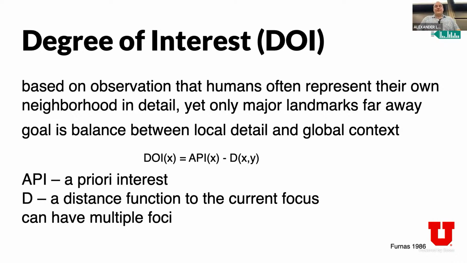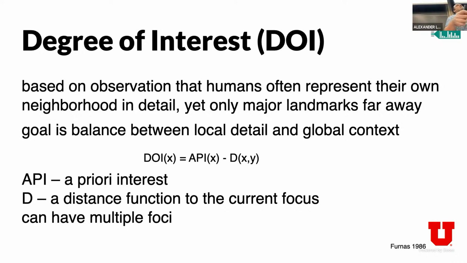So the idea for visualization is that we have this degree of interest function that is composed of two different terms: the a priori interest and a distance function to the current focus. If we play this out with the map example, say I were to draw a map of Utah using this degree of interest function, there would be an a priori interest of things that I would put on that map.